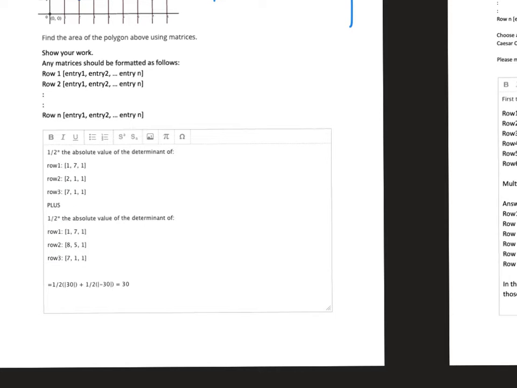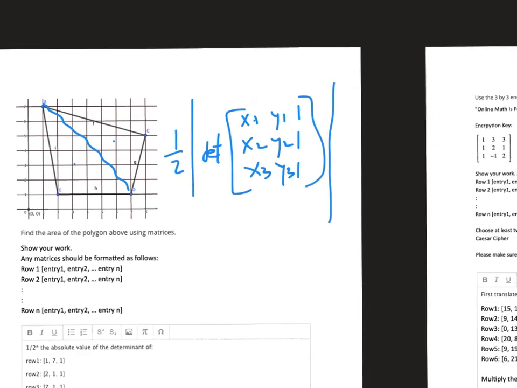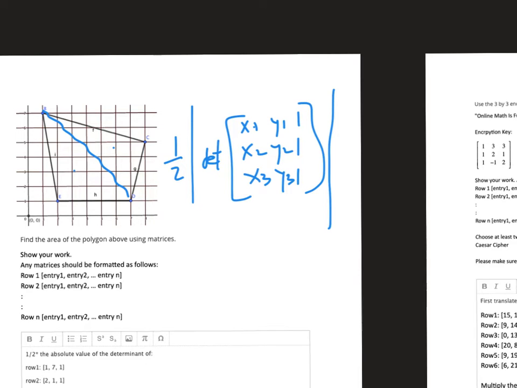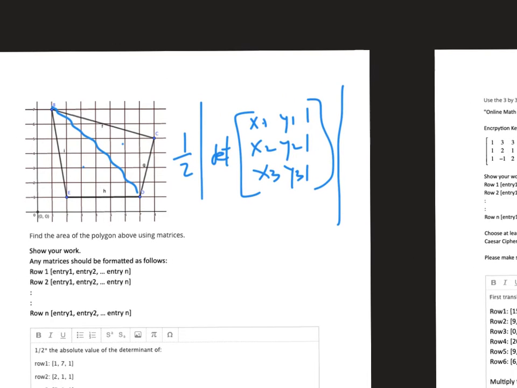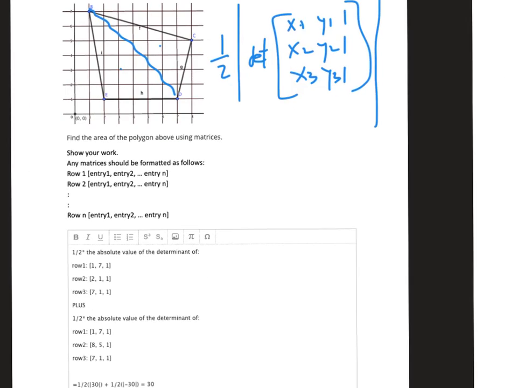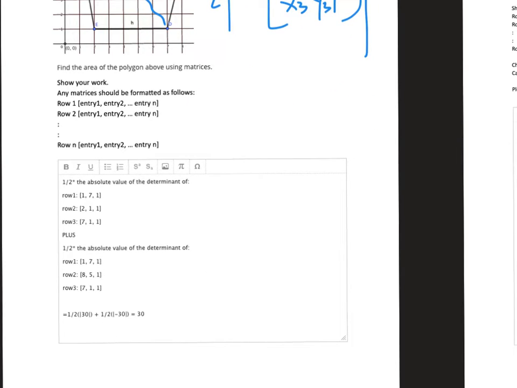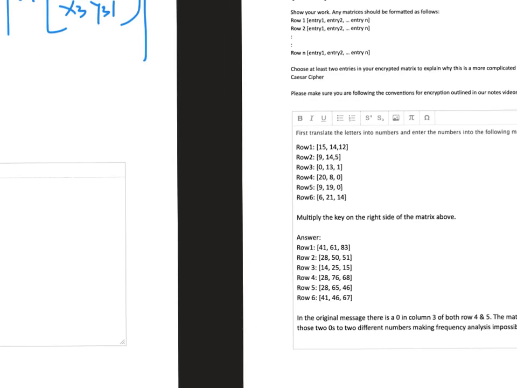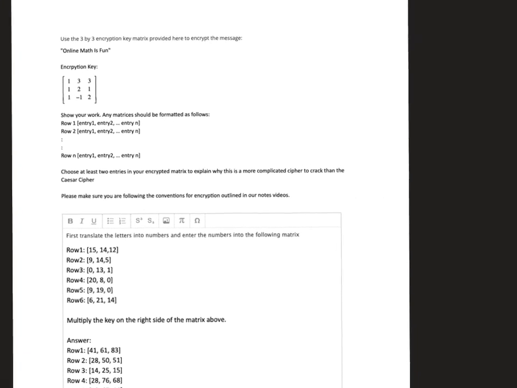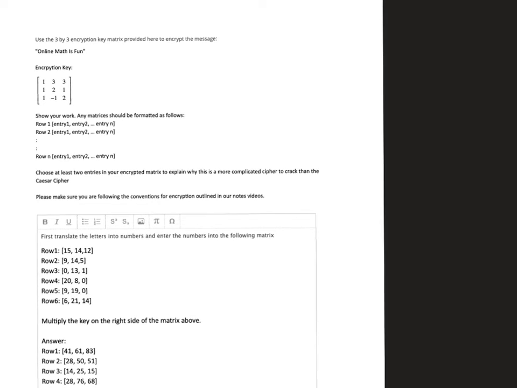And those again are just the 2 matrices following this format for each of the 2 triangles that we've shown. One triangle, this formatting here. And then when you do that, you get 30. So not too bad.